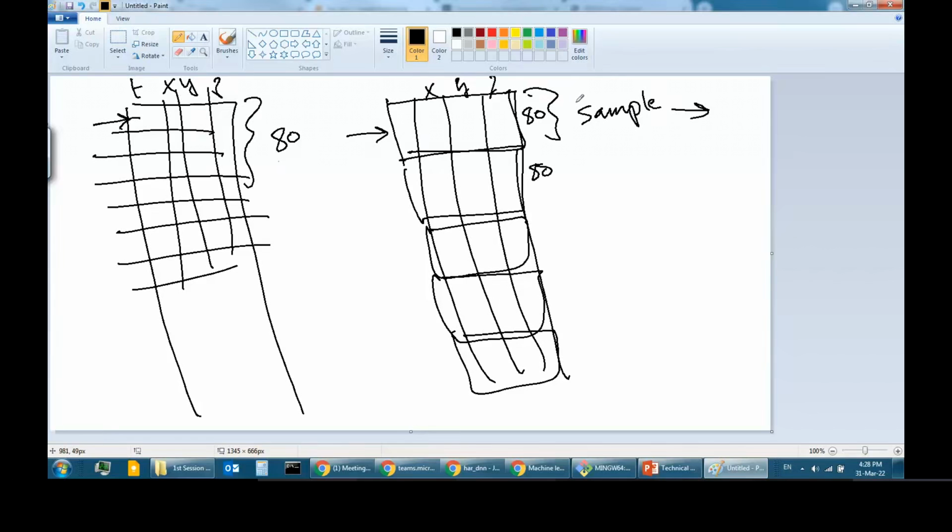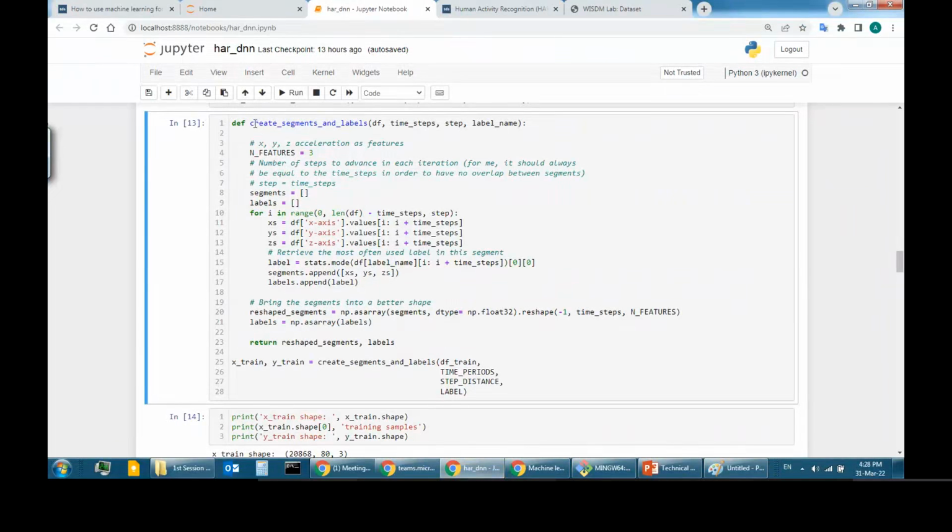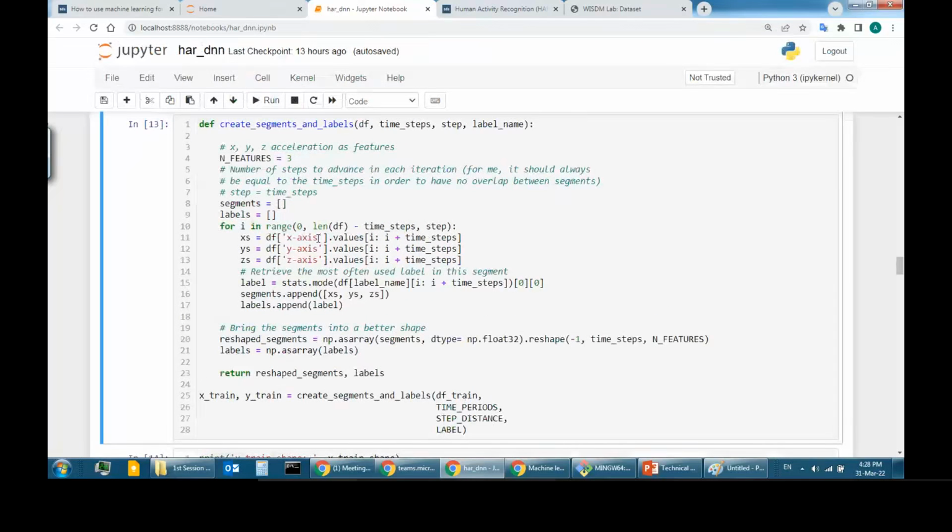That's where they do this kind of segmentation, so create segments and labels. So they move and they take a label and they take a group of readings.